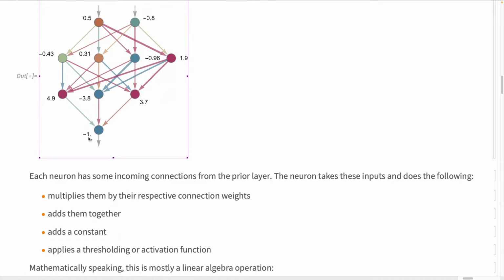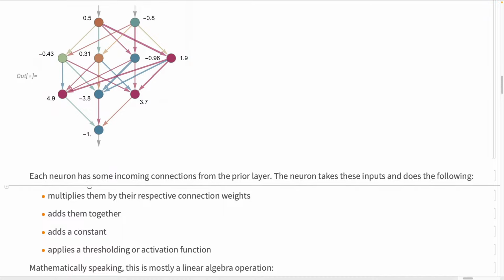So all it's doing is it takes these values and multiplies them by how strongly it's connected to each of the neurons producing those values. So it multiplies them by their respective connection weights. Then once it has weighted them, it's given them a relative importance. It then adds them together. Then there is a step where it adds a constant, but that part's not particularly interesting or useful to talk about in this context, so we'll not talk about it.